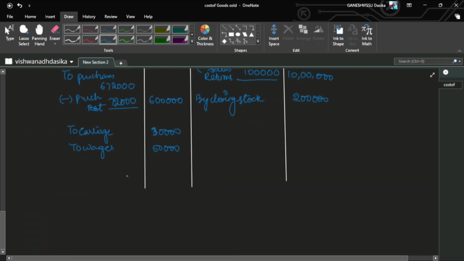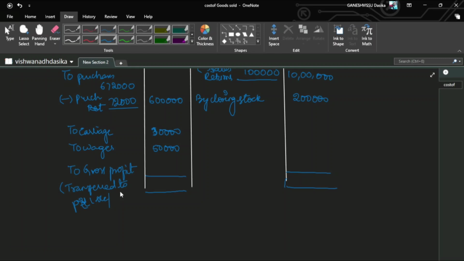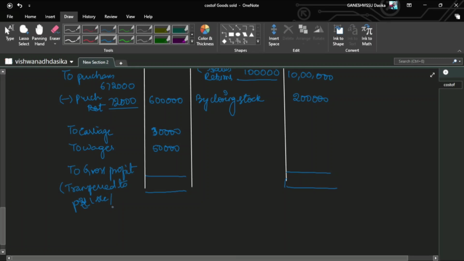So the difference would be the gross profit. So in bracket we are going to write transfer to P&L account. Okay, so total outer column, this is 12 lakhs.